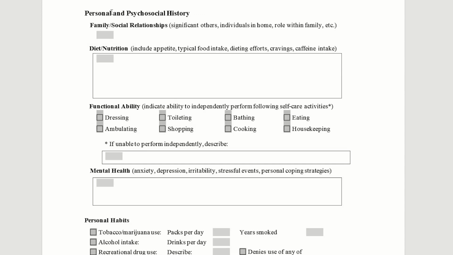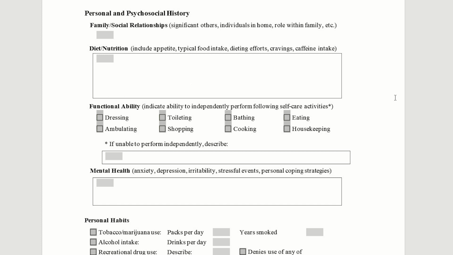Now, personal and psychosocial history. For this one, you might want to go back to your text to see how to ask these questions. When it comes to diet and nutrition, again, check your text for what kind of questions and how to ask them. It has very detailed information on those, so that should help you clarify.